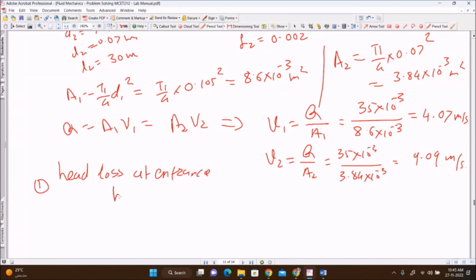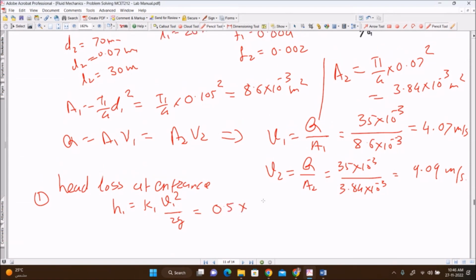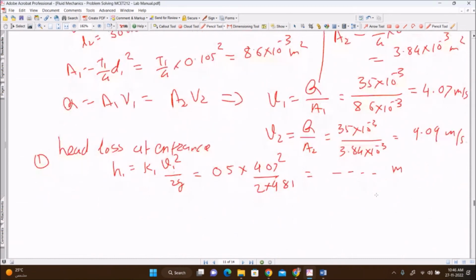As I know V1 and V2, head loss at entrance H1 is equal to K1 V1 square by 2G, which is 0.5 into V1 square, 4.07 square by 2 into 9.81, meter of water. So that is the head loss at entrance.